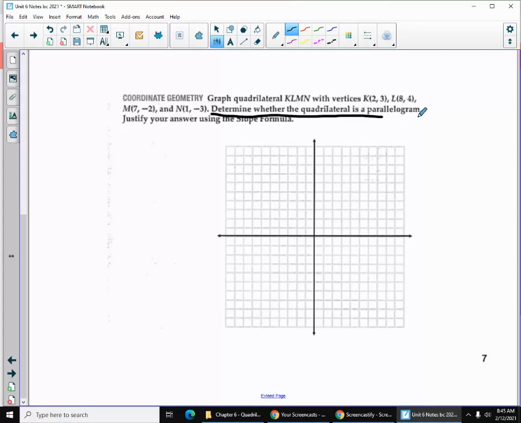So let's plot the points. K is (2, -3), assuming the scale is 1 by 1, so it would be here.